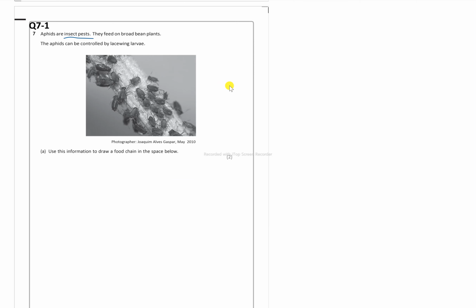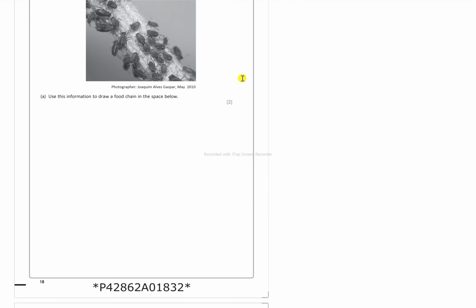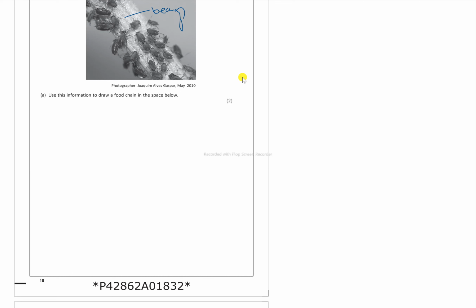Aphids are insect pests. They live on broad bean plants. They are controlled by lacewing larvae. Right, so we need to draw. So there's your bean plant. These are your aphids.